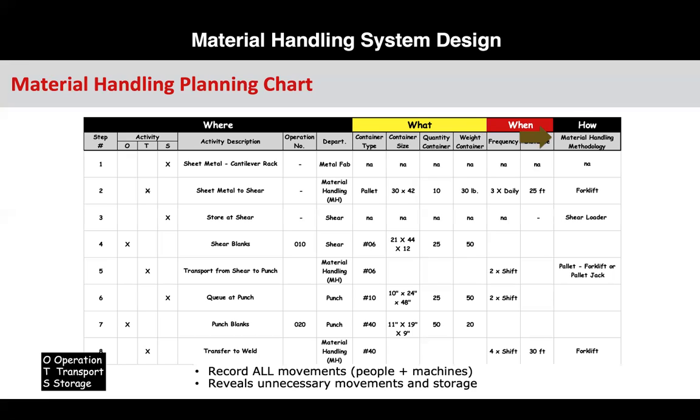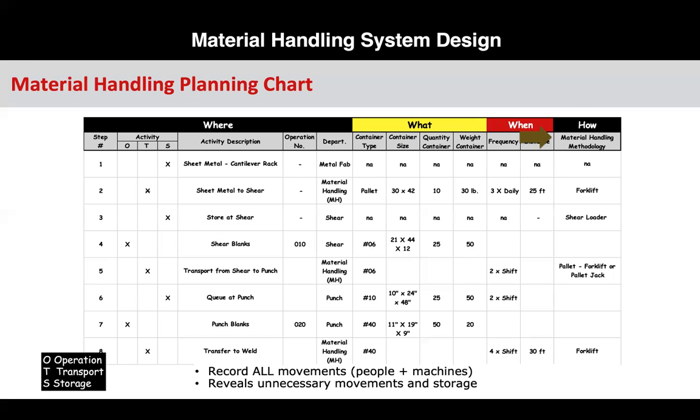This is where you really start getting into what's the best way to go. A forklift, or here I've got shear loaders, which is automation that helps you load the shear instead of manually loading the sheet metal into the shear.